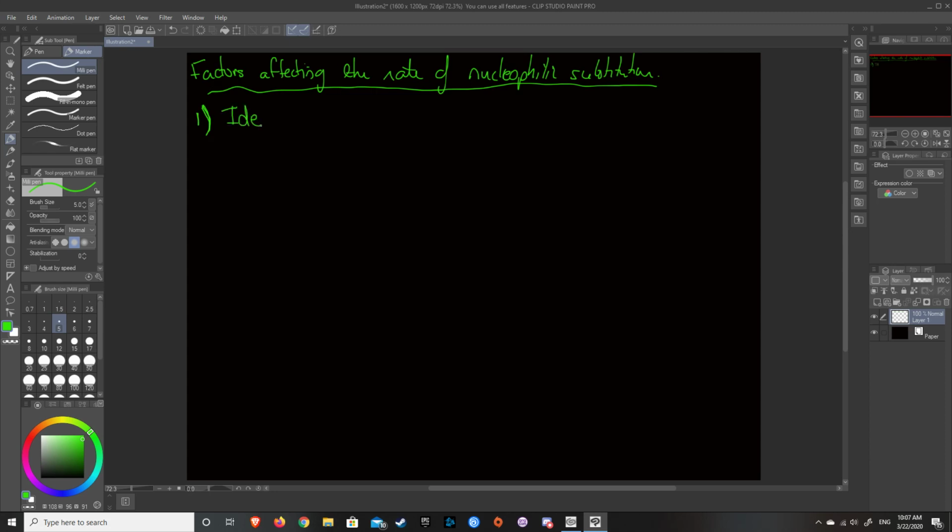So it's the identity of the halogen. That means, basically, if we have it bonded to fluorine, chlorine, bromine, or iodine, it depends on the identity of the halogen.